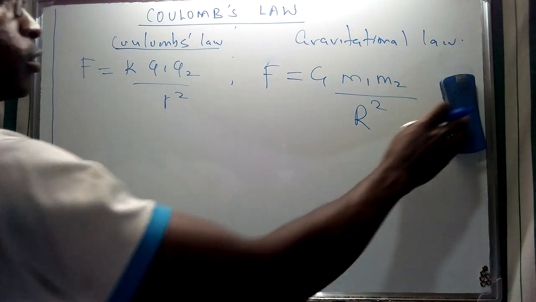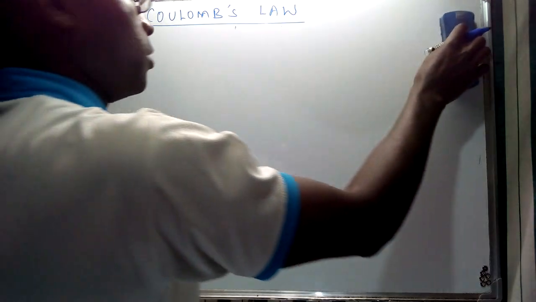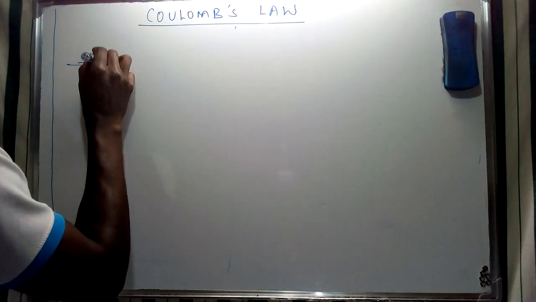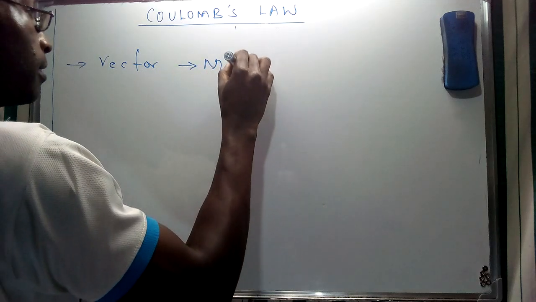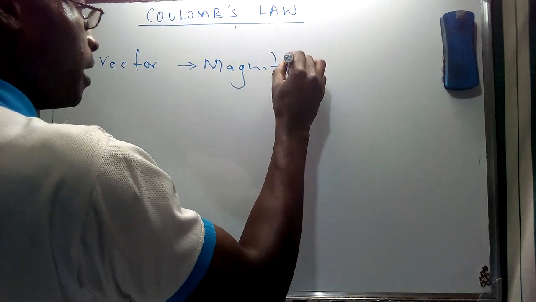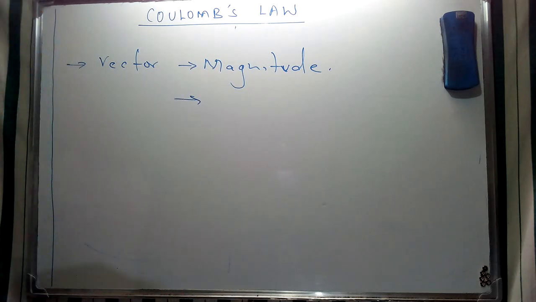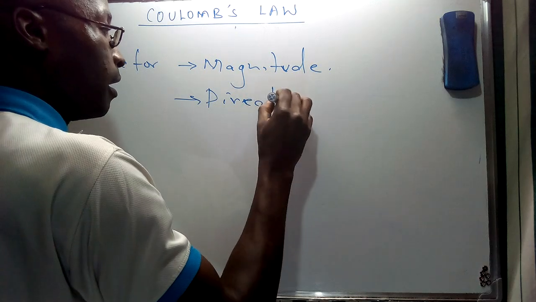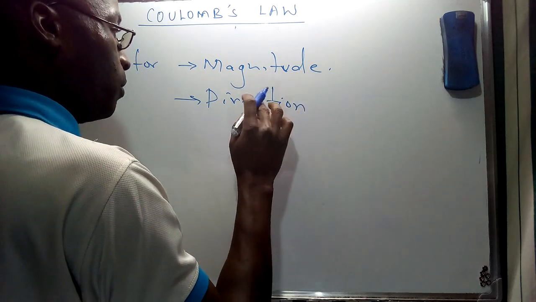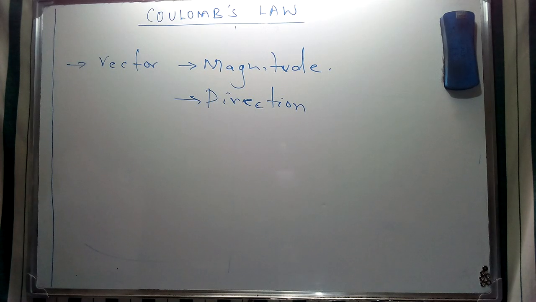When I talk about the concept of vectors, we have in mind magnitude and direction, which is one of the characteristics of vectors that we looked at in one of our videos, especially on vector analysis. So I'm going to consider this also as one of the ways in which we can represent Coulomb's law and analogous laws.